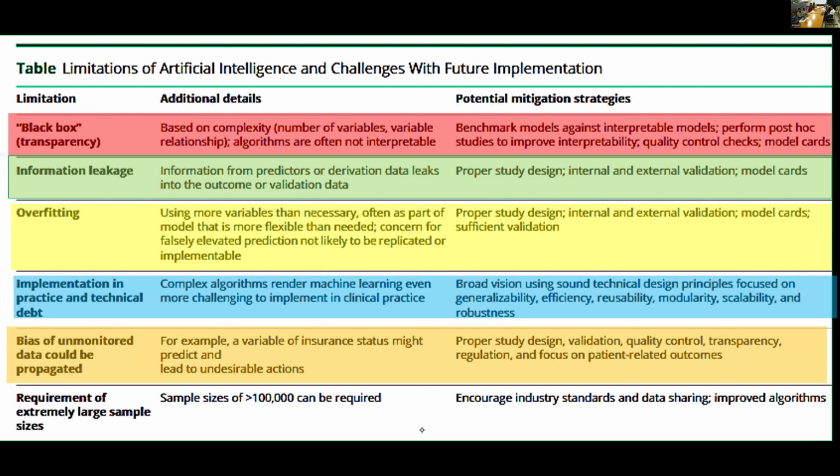Now let us say bias of unmonitored data. Let us say an insurance company gets hold of CMC's AI data. Oh, the following people have got the MODY gene. They're going to develop diabetes in future. Let us increase their insurance premium, or let us refuse insurance.